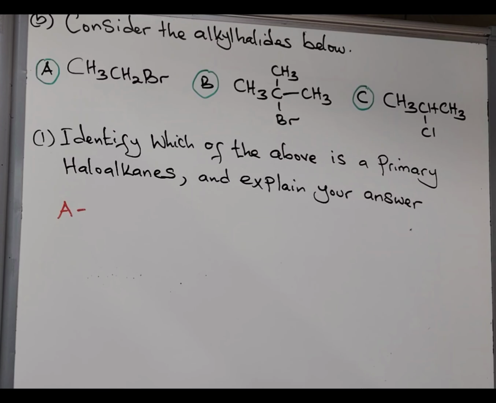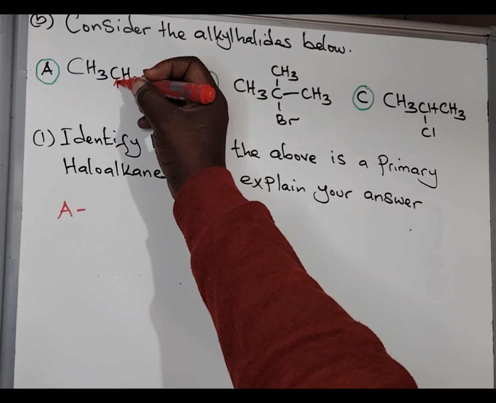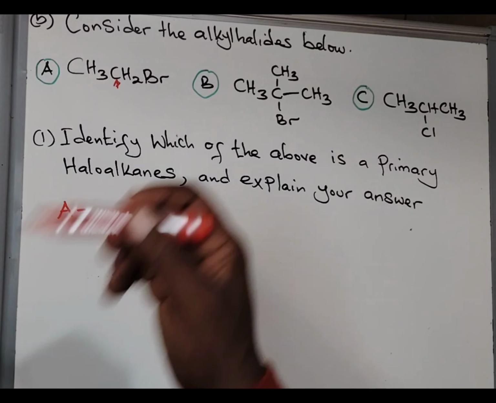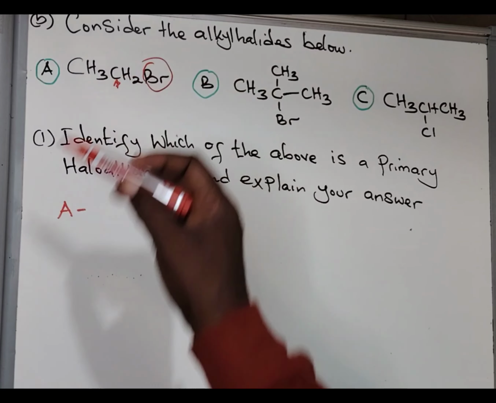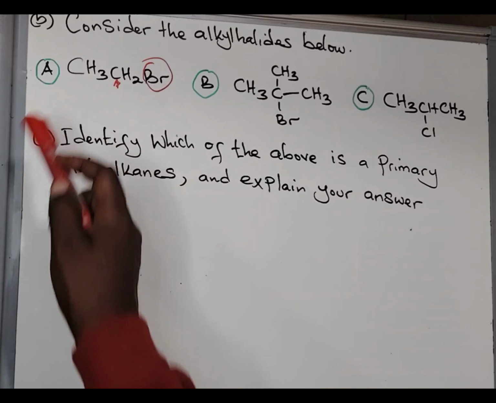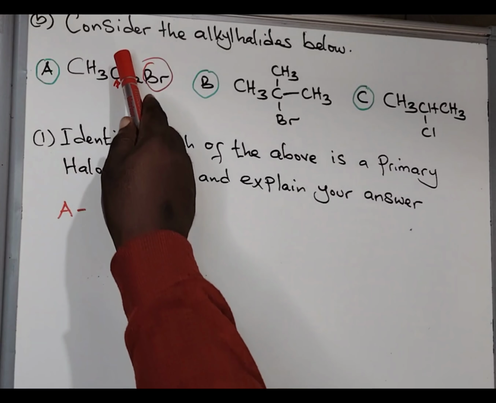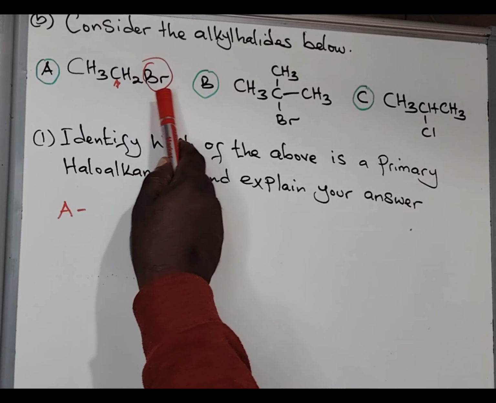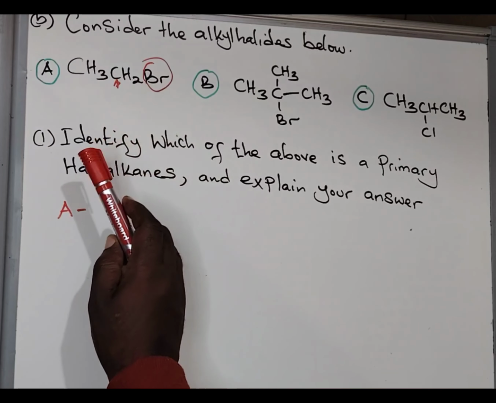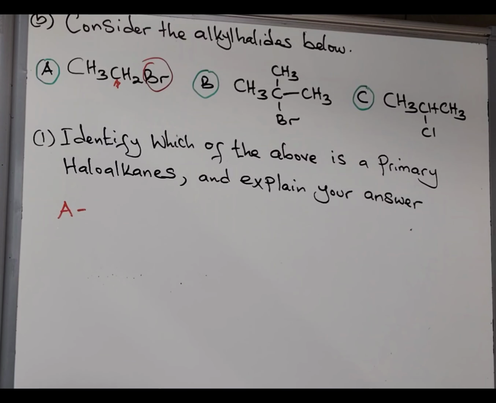Why? Because this carbon atom on which our bromine is attached is attached to one alkyl group. I repeat, this carbon atom on which our halogen is attached is attached to one alkyl group. So let's put that one down.